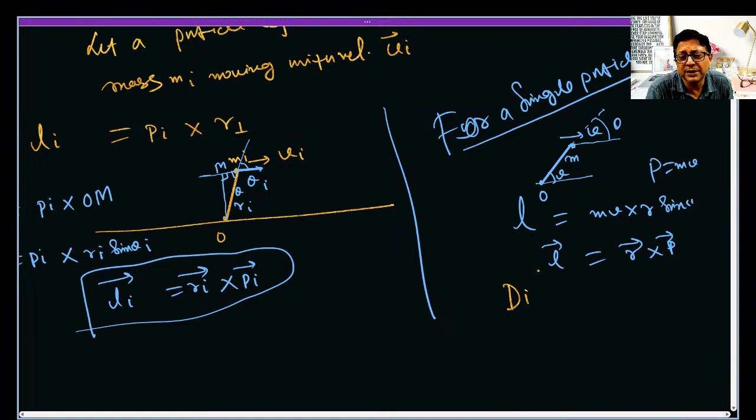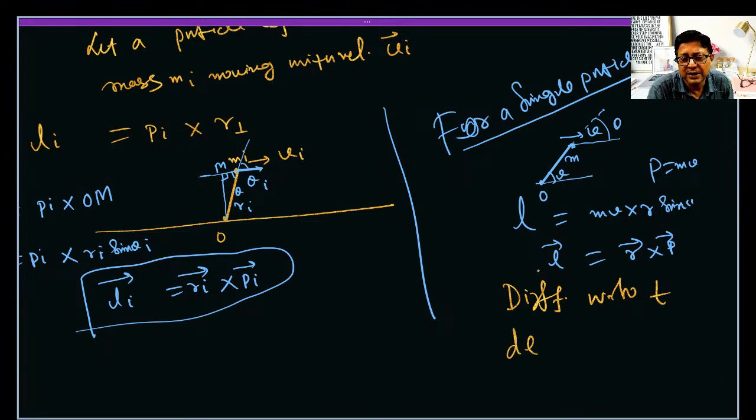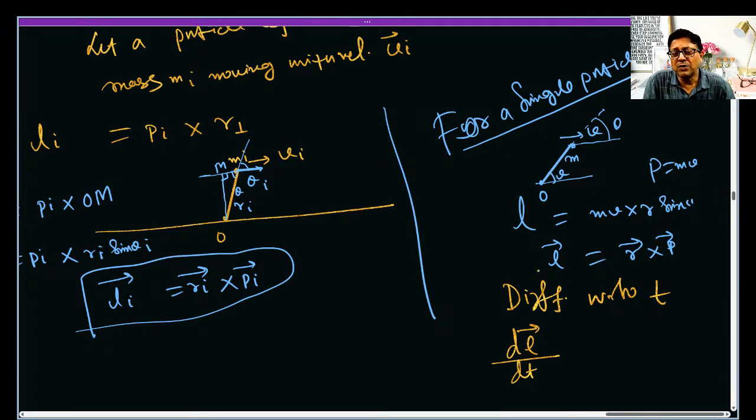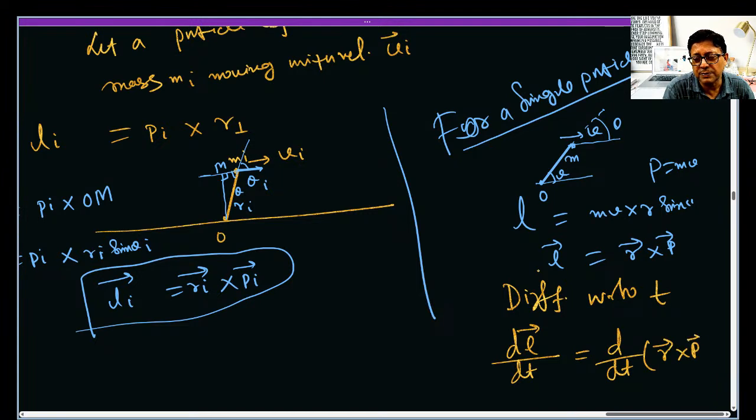Now differentiating with respect to t, dL by dt. This is another derivation or another concept which you need in gravitation to derive Kepler's second law of planetary motion. dL by dt will be what? d/dt of r cross p. Clear?